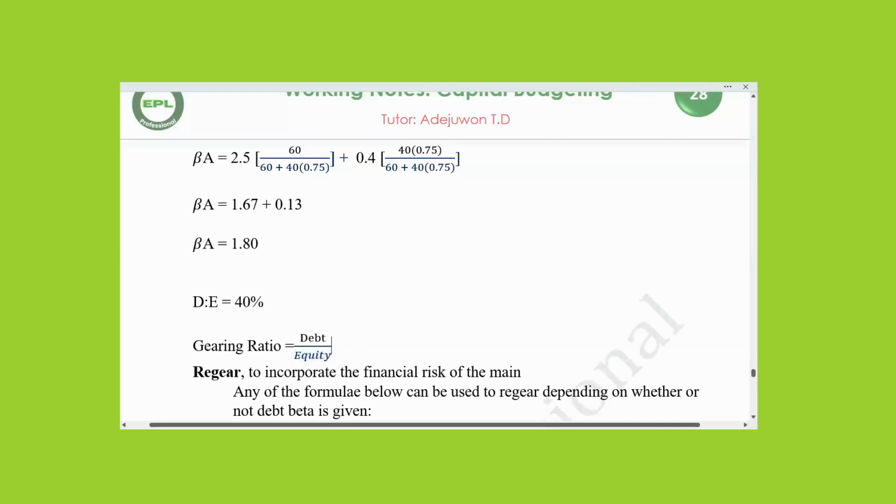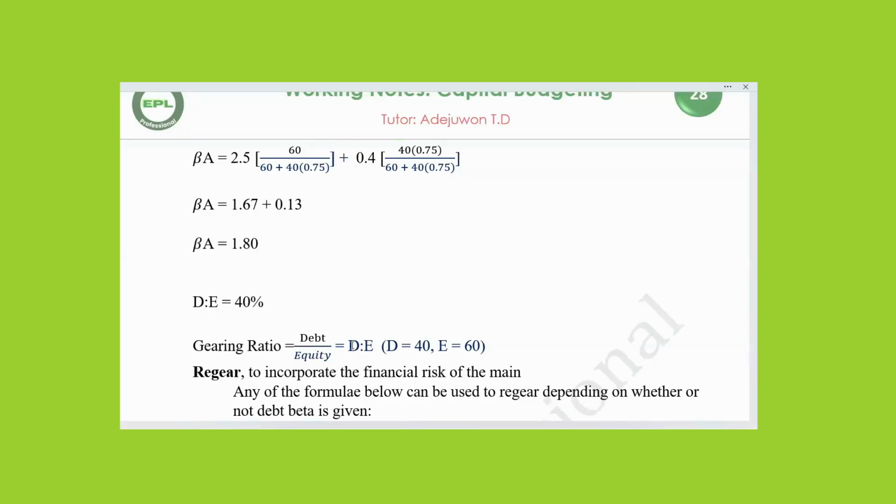So debt to equity is one formula for calculating gearing. Here is the debt to equity ratio. In this case, I can say debt is equal to 40, then equity is equal to 60.